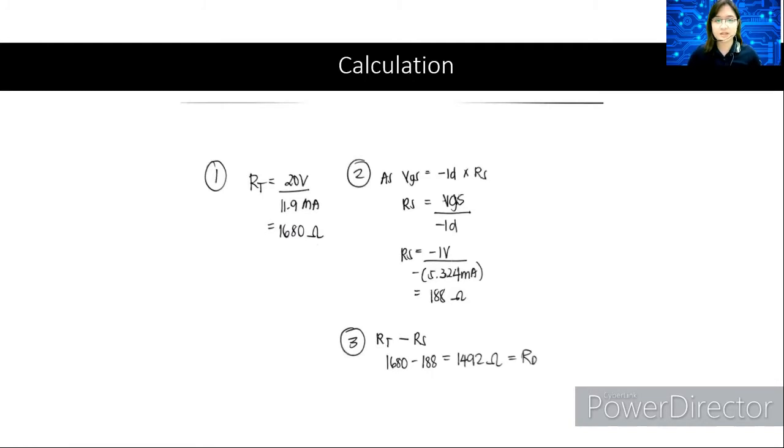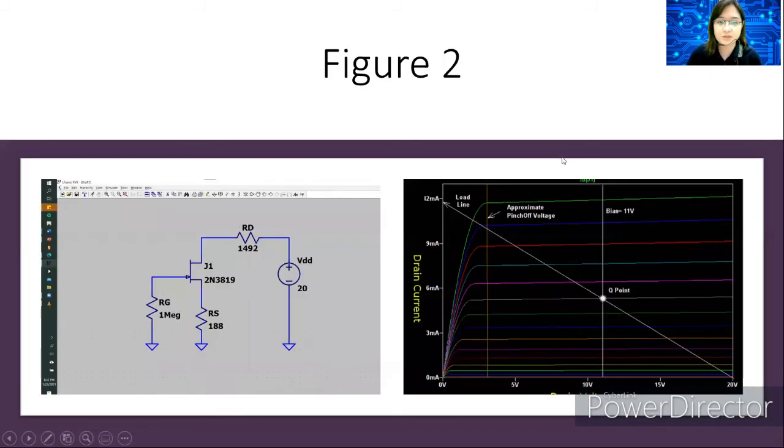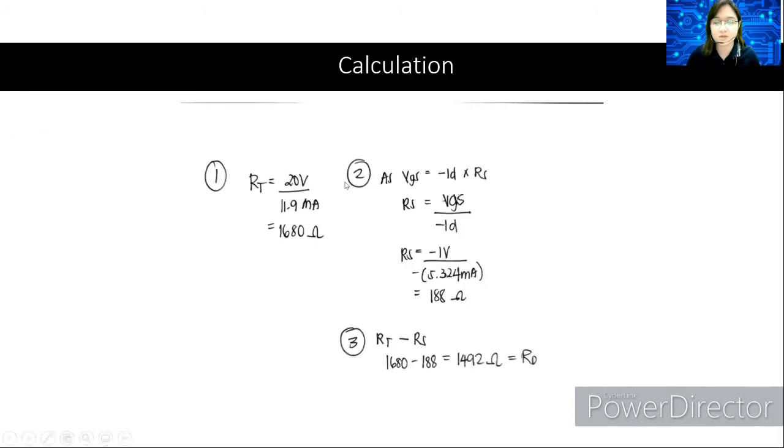Calculating the total resistance, we have RT equals 20 volts over 11.9 milliamperes, so we will have 1,680 ohms. And then from the circuit, the Q point crosses the line at VGS of -1 volt and source current of 5.324 milliamperes. To bias the gate to the necessary voltage, a source resistor is added, as VGS equals negative ID times RS.